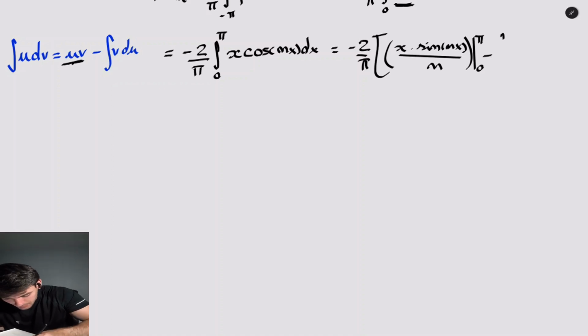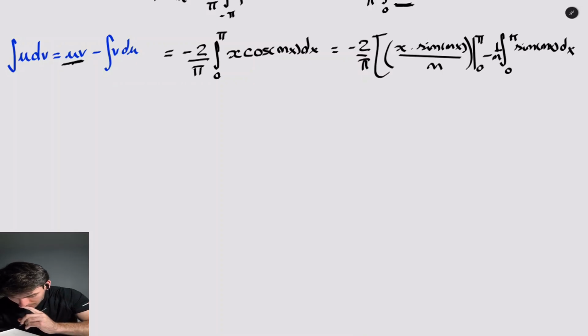And we have here minus the integral of the derivative of x, that is basically 1, times sine of nx dx. The division by n here, I will take out of the integral.